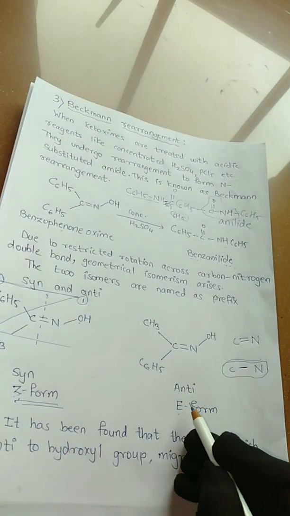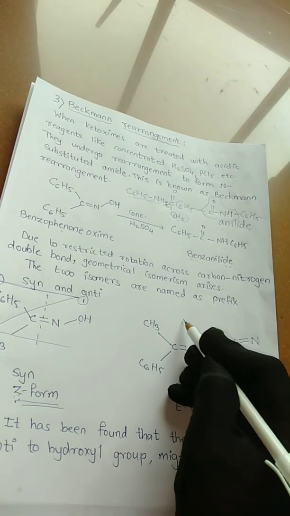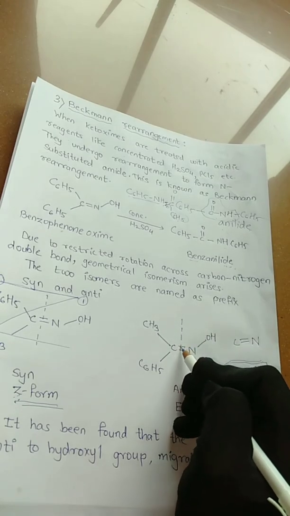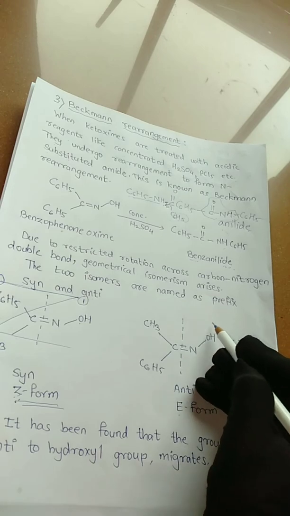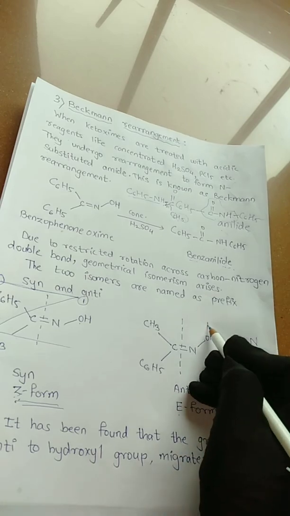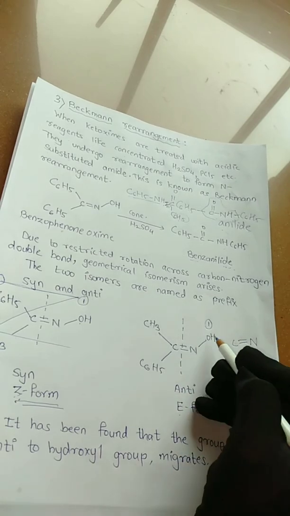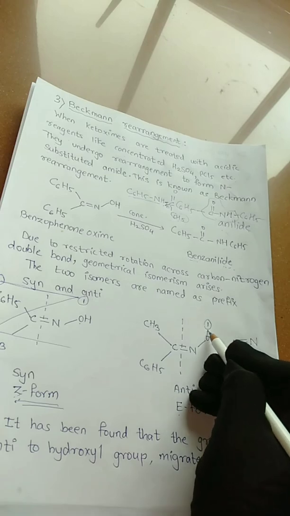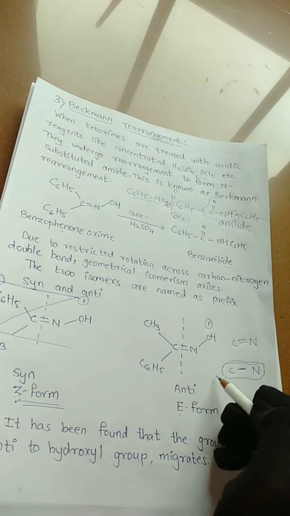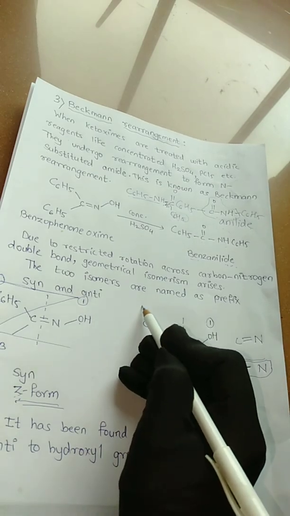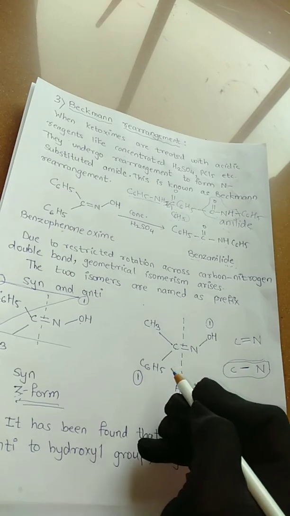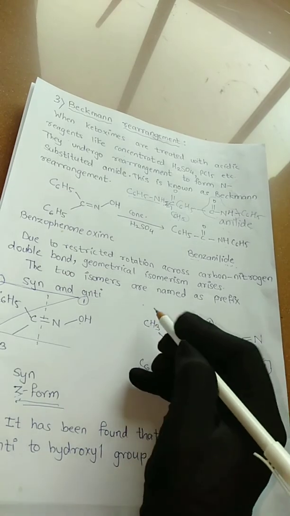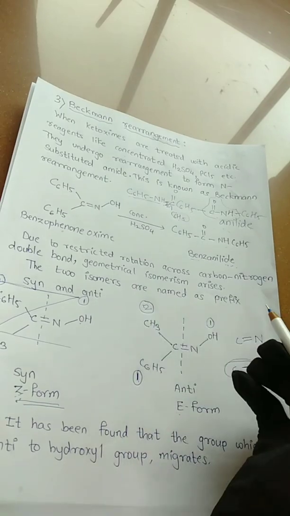How can you see this is the E form? Again draw a vertical line in between carbon and nitrogen. This will be numbered as 1 because there is an absence of any group, and here you can give 1 to this phenyl, and 2 to this methyl.